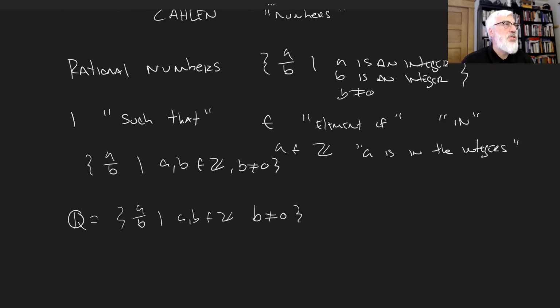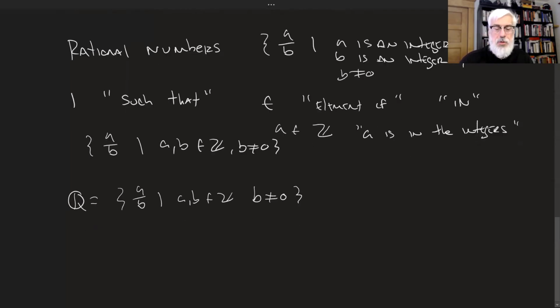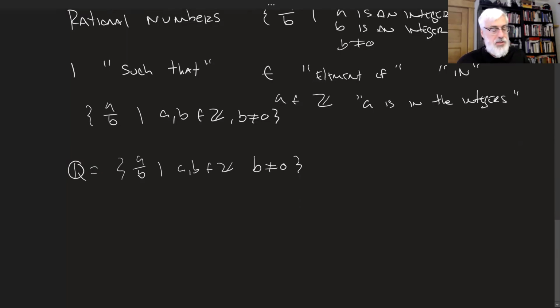We can do, say, 1 over 2, 1 over 3, 1 over 4, but we have to include 2 over 2, 3 over 2, 4 over 2. So the ordering can be a little tricky, so we just write the definition this way. Now the Q comes from the word quotient, which is a fraction.